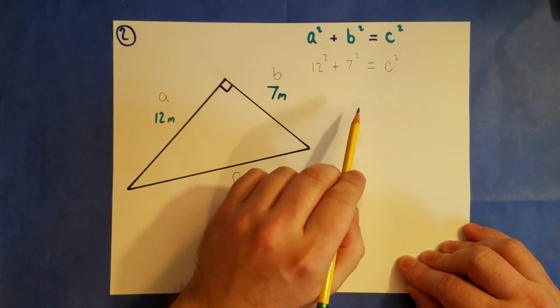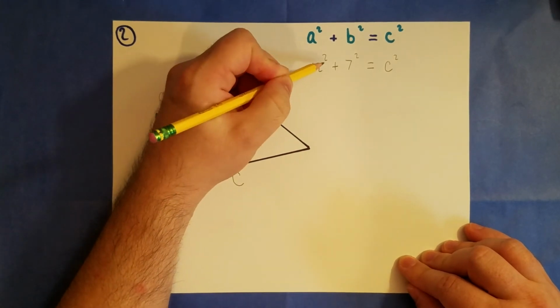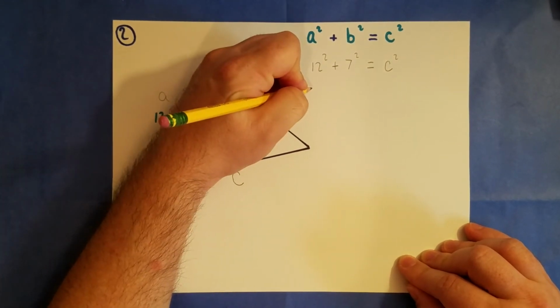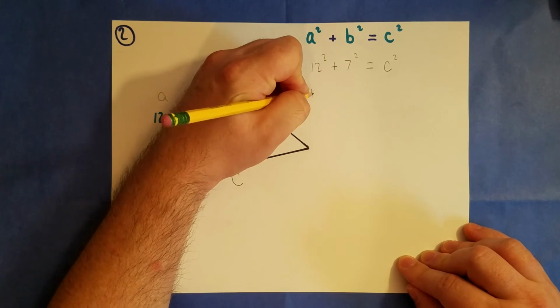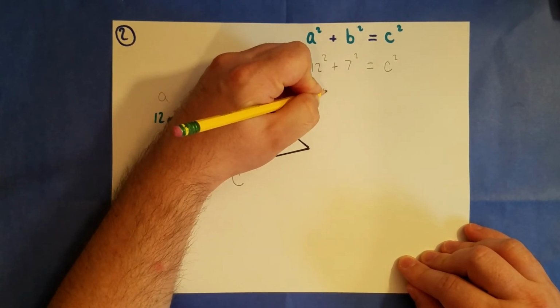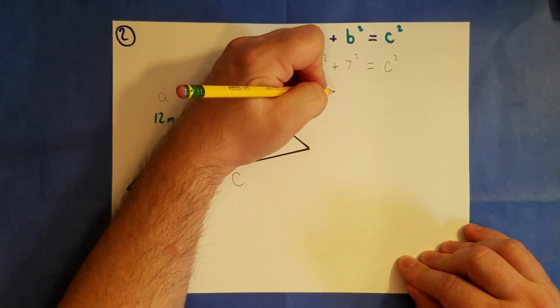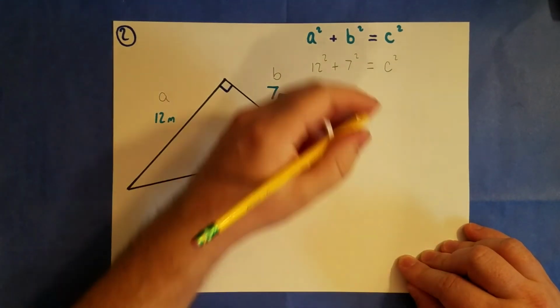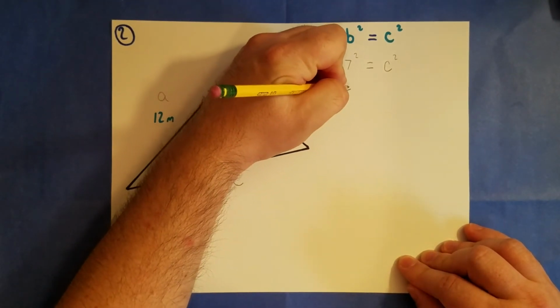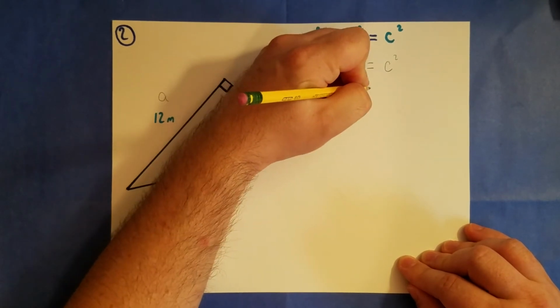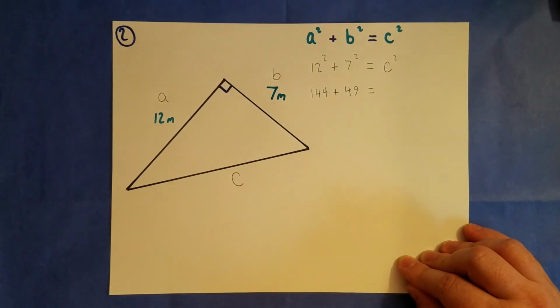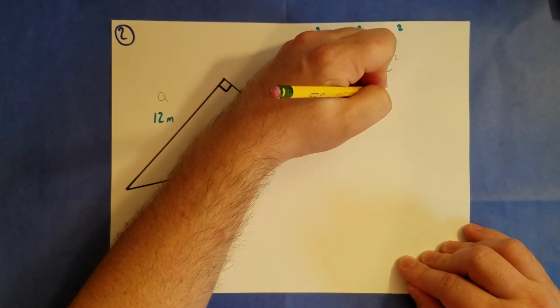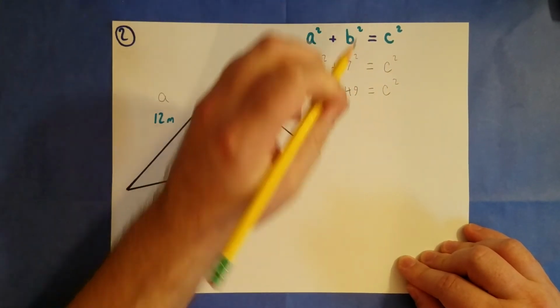Let's take it a step further. 12 squared is 144. Awesome job if you already knew that. Plus 7 squared gives us 49 equals c squared. I still don't know the value of c.